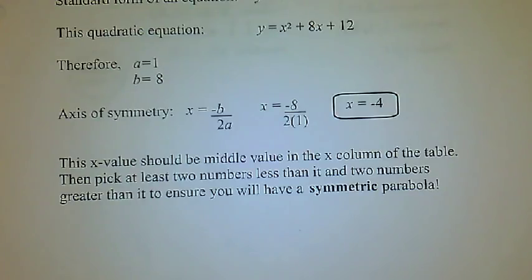To do that, I first write a and b. Yesterday in our lesson, I pointed out what a, b, and c were. Again, c is my y-intercept, a would be 1. This formula needs to be memorized. All you're doing is plugging those in, and that gives you the actual axis of symmetry.